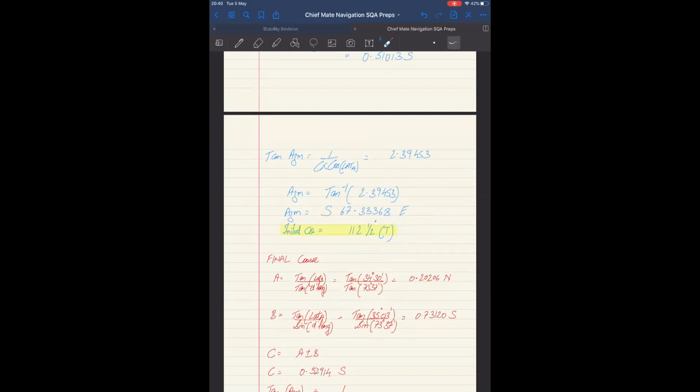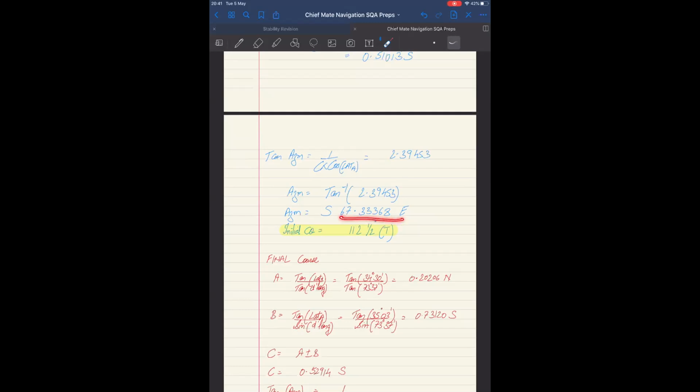When you are finding something in an equation which involves the initial course, we are going to use the most precise value, including all these decimals. So we are going to use 67.33368. We will not use the rounded off value because we are carry forwarding the calculation from the initial course.